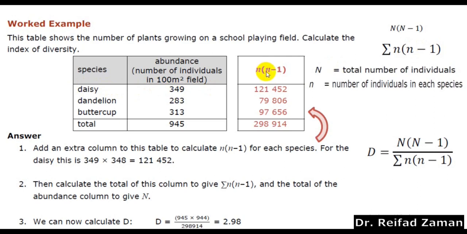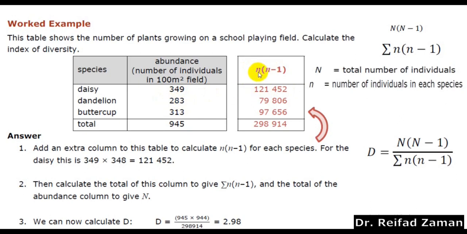So putting it over here, the equation is 349 into 349 minus 1, and that gives us 121,452. Next up, the dandelion.